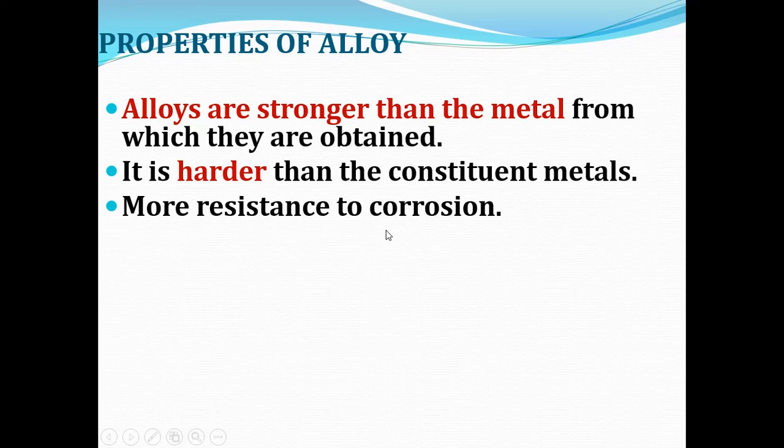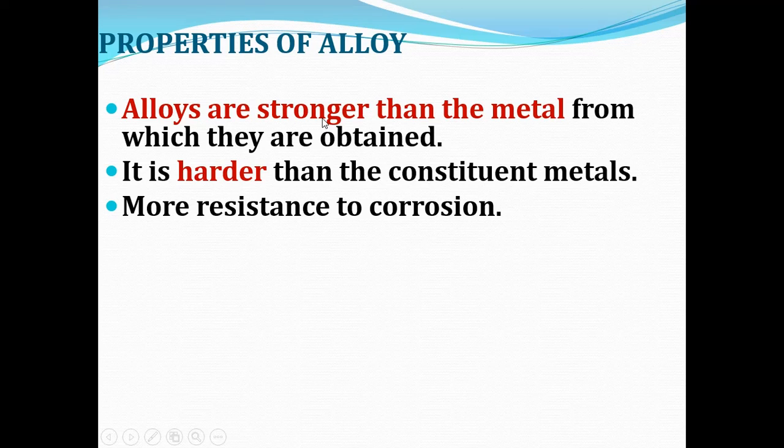We know metals can be corroded easily, and we have studied that one of the preventive measures to avoid corrosion is alloying the metal. By using alloys, the corrosion can be prevented, because alloys are more resistant towards corrosion.